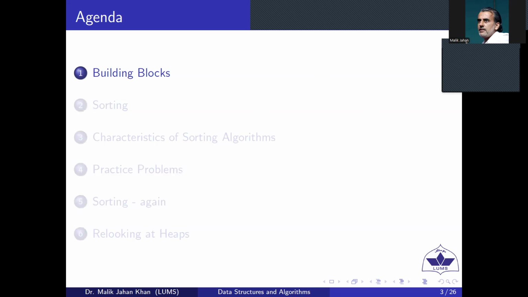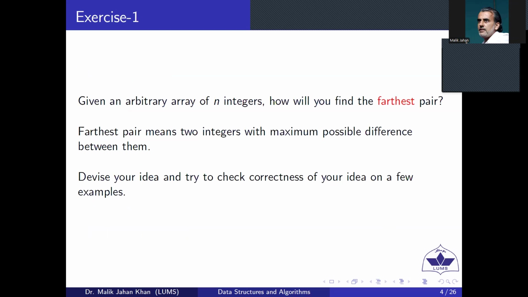So let's start with the building blocks. The first exercise is that given an arbitrary array of n integers, how will you find the farthest pair? Farthest pair means two integers with maximum possible difference between them. So I would strongly suggest that you pause the video over here, focus on the problem, and try to figure out your idea.